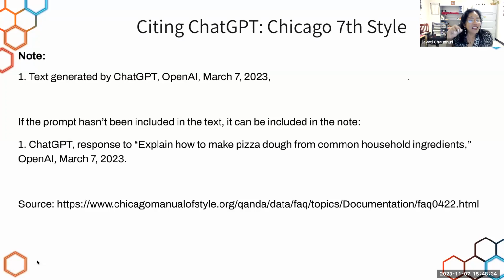Now, if you are tempted to use ChatGPT, you better use it in a proper way by citing the source. Also, please talk to your professor. That's the main thing we also want to recommend to you all strongly. Please talk to your professor about how and whether your professor allows you to use ChatGPT and cite it in your references section.